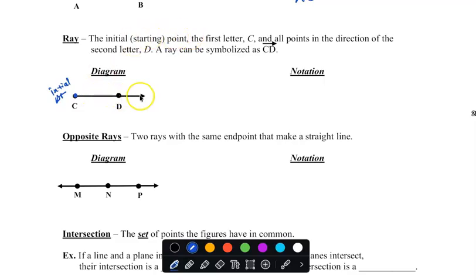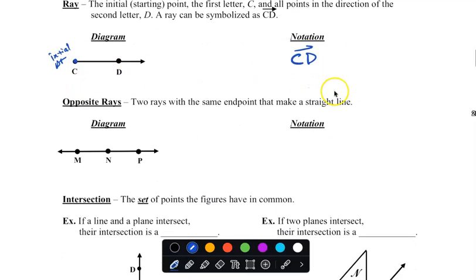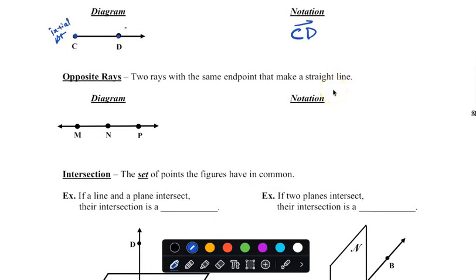So it could be here, it could be there. As long as you have the initial point, that's the key there. When you write the notation for a ray, you have to start with the initial point and then which direction it's going toward. So my notation would be CD, right? We're starting at C and we're going in the direction of D. That's how you write a ray. So this would be called our direction point.